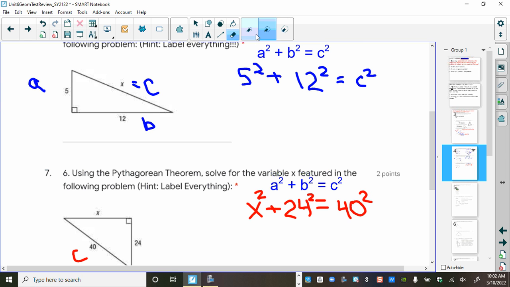You can't do that for this problem. So yeah, you can put B and A right there.